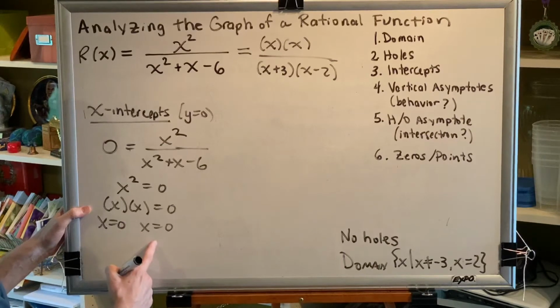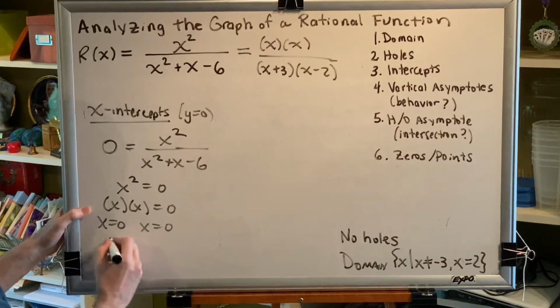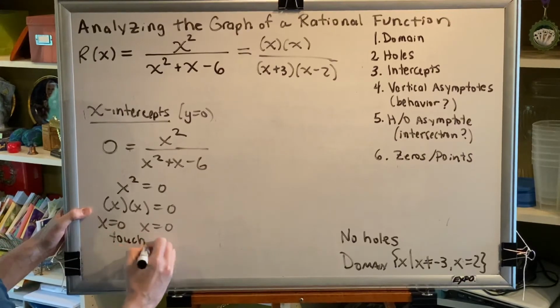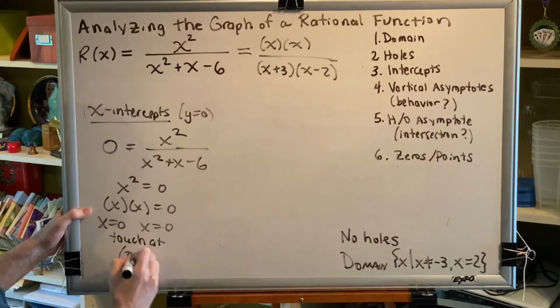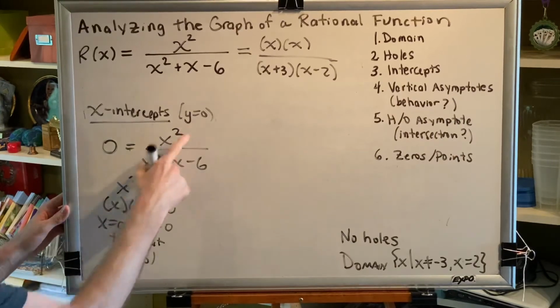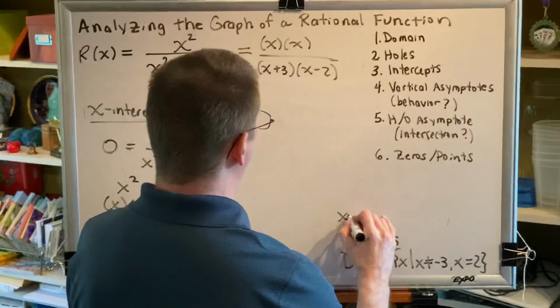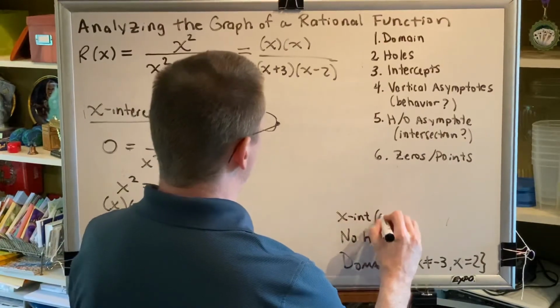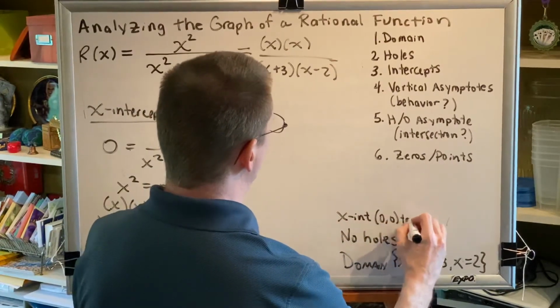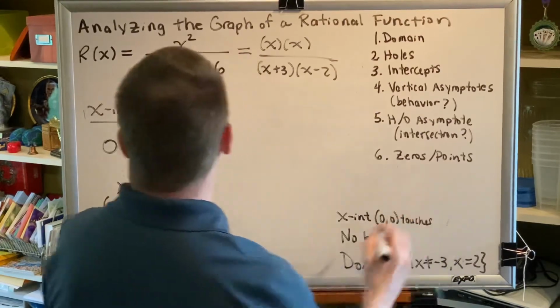Even touches, odd crosses, so it's going to touch the graph and bounce away. When x is 0, y is 0, so we get the origin, and it touches at the origin. So our x-intercept is 0, 0, and it touches at that location.